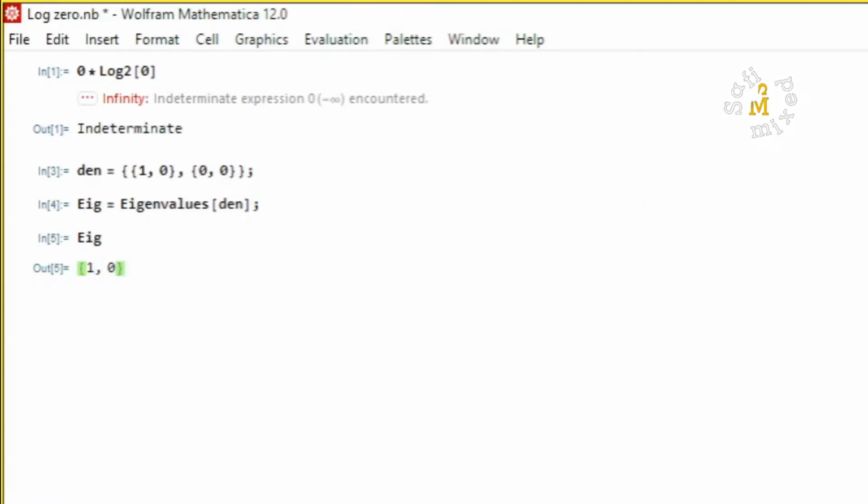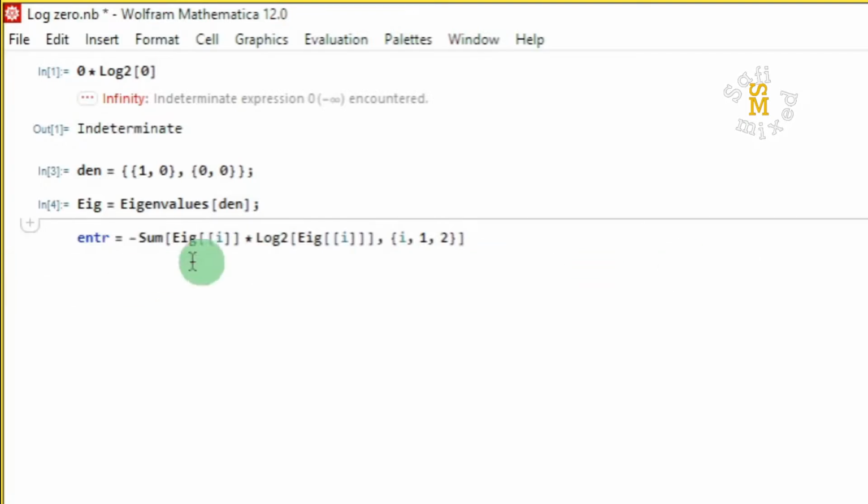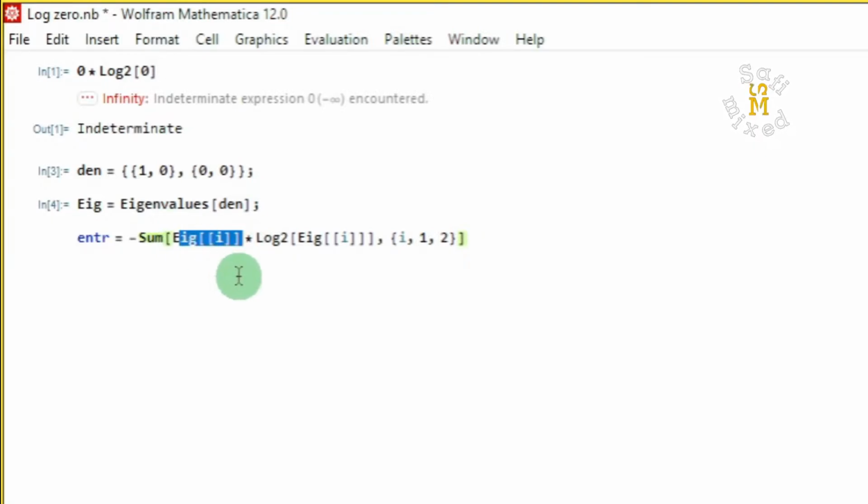So I don't need this thing, and I want to construct a relation for the von Neumann entropy in the form of this relation. I call this entropy. I apply the minus sign and then the sum, and this is the extraction command that would extract the eigenvalues one after the other from this list, eig. We saw that within this list there are two eigenvalues.